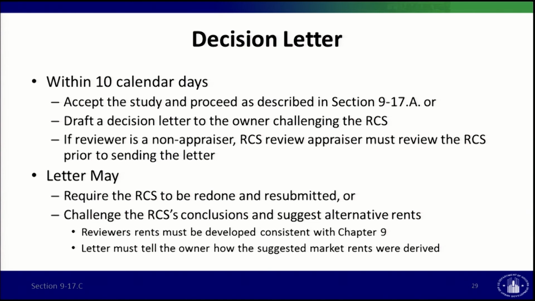In this letter, you can require the RCS to be redone and resubmitted, or challenge the RCS's conclusions and suggest alternative rents. If you challenge the rents, however, and suggest alternatives, you must develop those alternative rents consistent with Chapter 9, and the letter to the owner must say how you derived the suggested market rents.